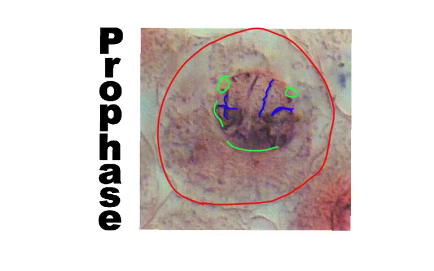In here, it's hard to see, but you have the centrioles forming. The centrioles and the spindle fibers would be over in this region at the moment. So nucleus dissolves, step 1. Chromosomes coil, step 2. Spindle fibers and centrioles move out, part 3.